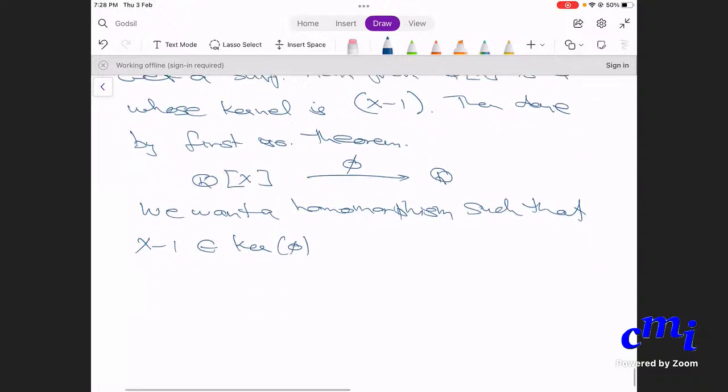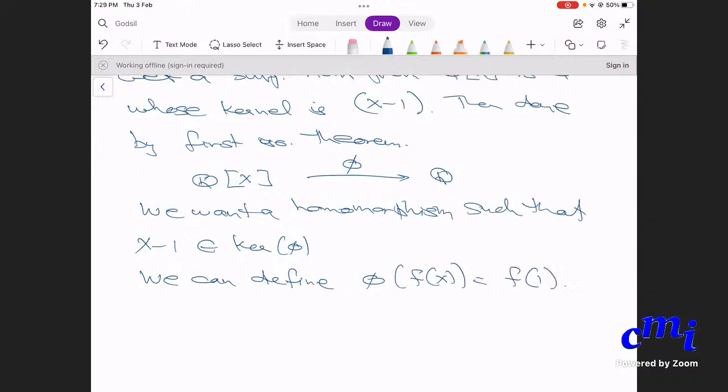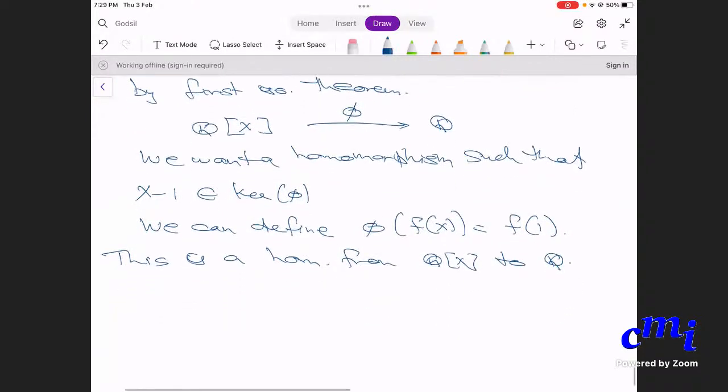Such a homomorphism is easy to define. I'll just define phi of f of x to be f of 1, so evaluate that polynomial at 1. This is clearly a homomorphism from Q[x] to Q. And further, this homomorphism is also surjective.